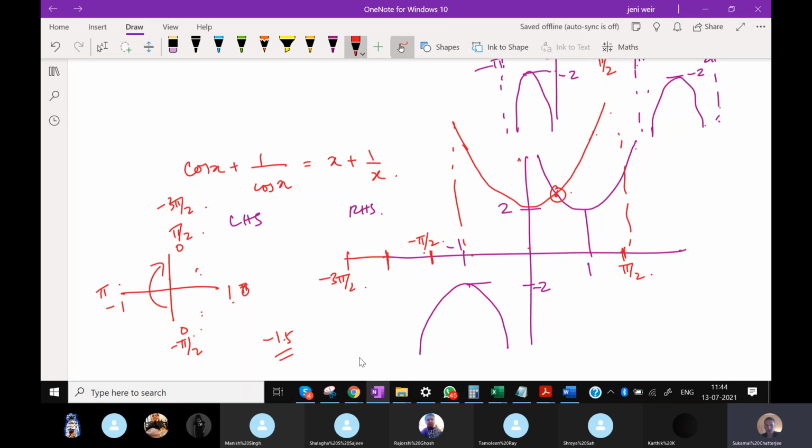So that means when this is minus pi, cos x plus 1 by cos x will attain the value of minus 2. So there will be one point of intersection out here. So there will be two solutions for this equation. Clear?